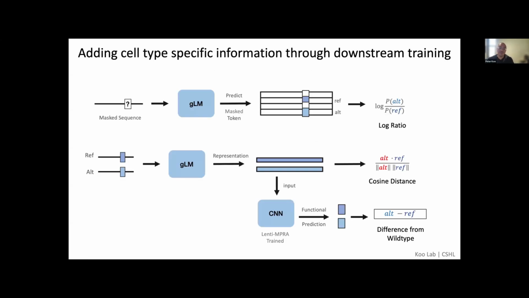So next, we considered the performance of CNNs that were trained on the lenti-MPRA dataset using the gLM embeddings. Now, for these models, we still pass two sequences into the gLM, one with the reference allele and one with the alternative allele. We extract two separate embeddings for these sequences, but now we feed them to a downstream CNN model, and the CNN makes two predictions, and we compute the difference between these predictions as the variant score.